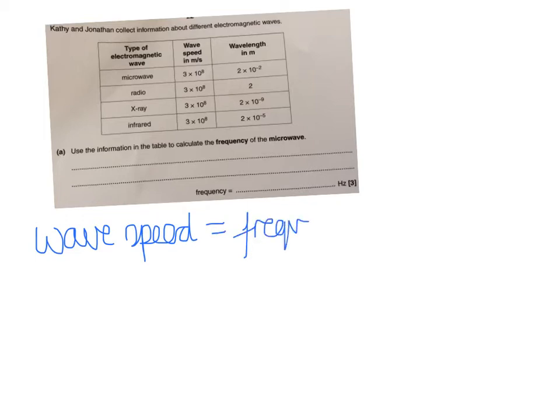The equation looks like this. Wave speed equals frequency times wavelength, and I can rearrange that to make frequency the subject.